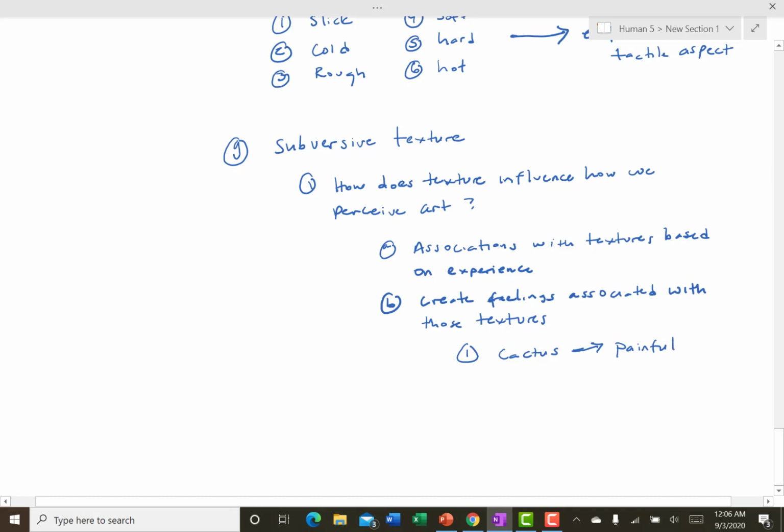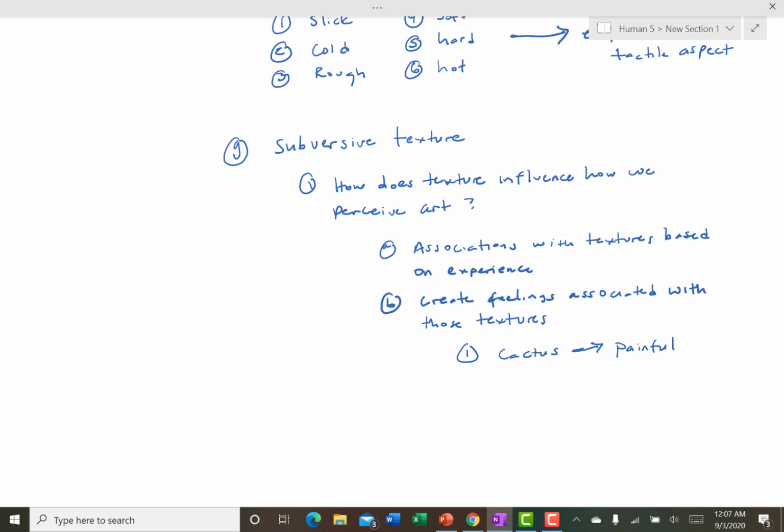So you have that sensation because cacti have the prickly needles on them that can actually come off and hurt when you touch it. And so you have an aversion to touching a cactus because from experience you know that type of texture is painful. So if you have an artwork that uses that, whether implied or actual, that's going to create an immediate association in our brain with that feeling of pain.